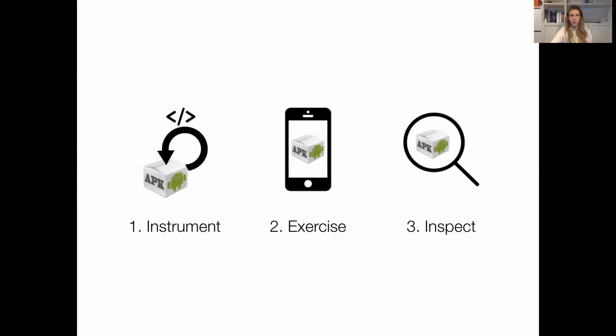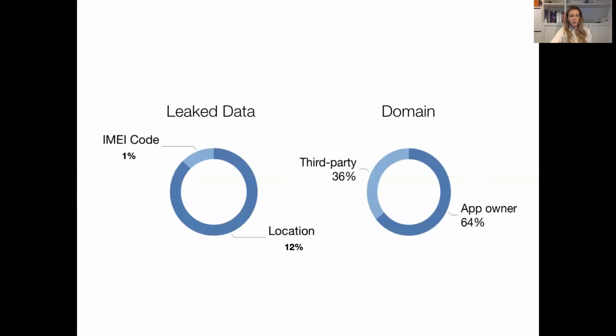And then we manually inspected the cases that looked more interesting and suspicious. We observed several sensitive data leaks. Roughly 12% of the apps leak information about the location of the user, and 1% leak the email, that is the identifier of the device.